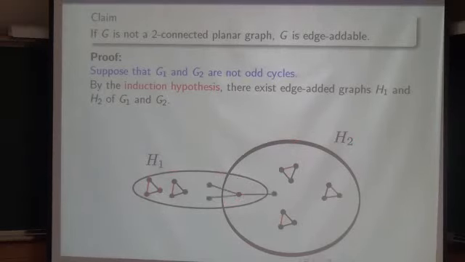Why is it so? If the degree of the cut vertex in G1 is at least 2, then we will have a red edge from H1. And if the degree of the cut vertex in G2 is at least 2, then we will have a red edge here from H2.